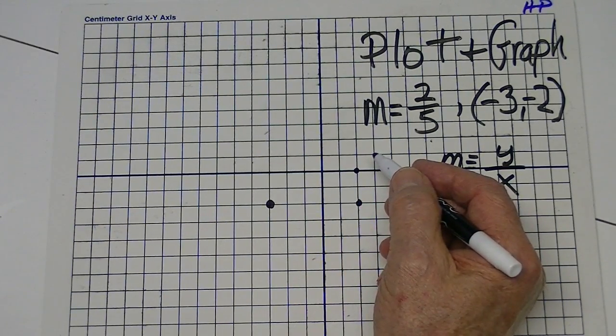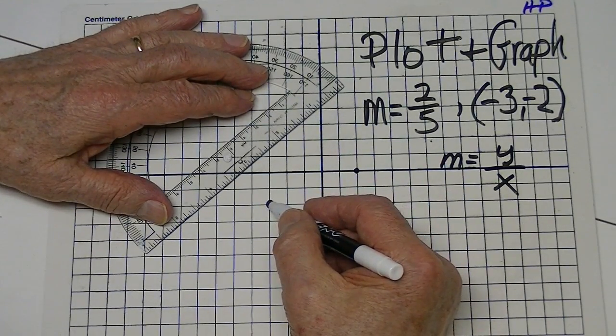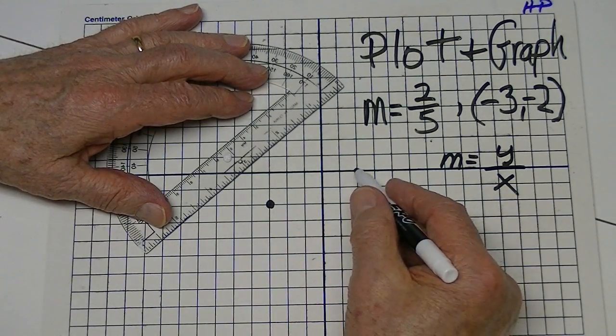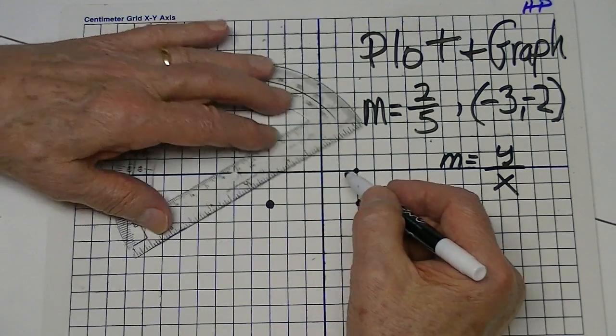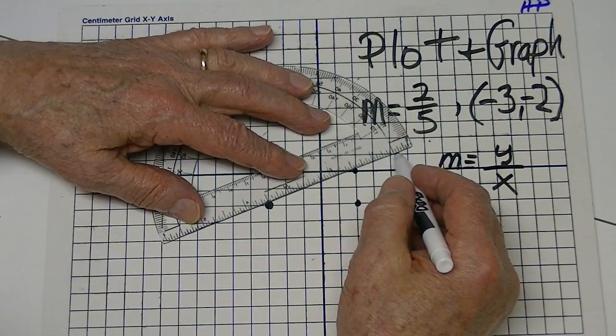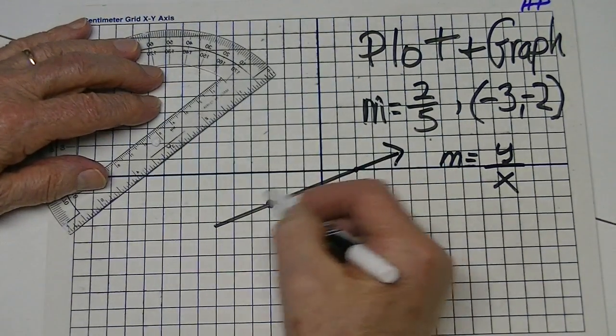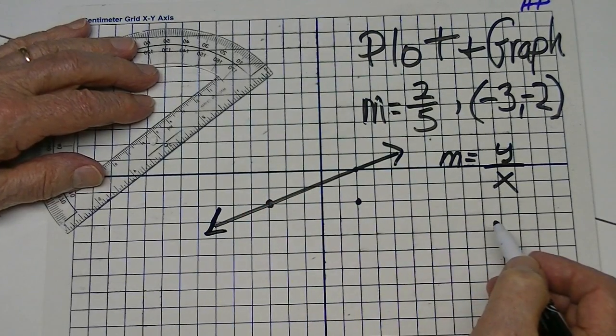So we then take our plotted point, going over 5 and up 2, and this will create a line. If we sketch it in, this is what our graph looks like.